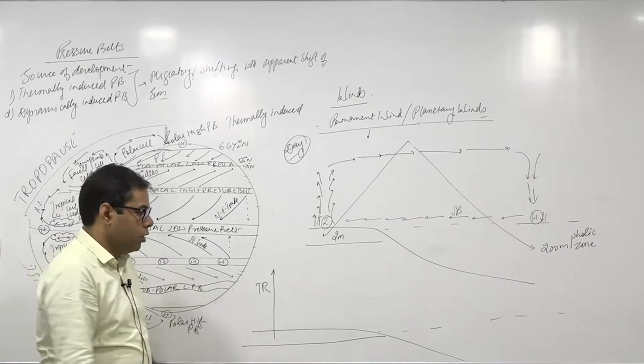Right? Forms are snowfall, sleet, hail, rain, drizzle. These are forms of the precipitation. Right? Don't be confused with it if it comes in the exam.